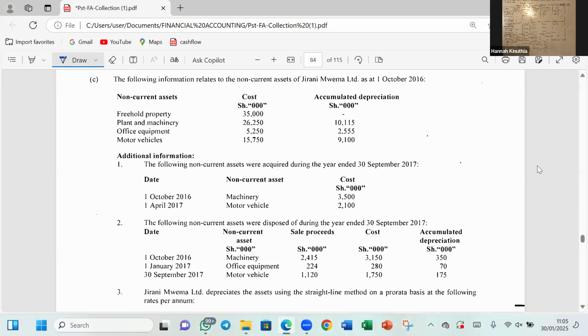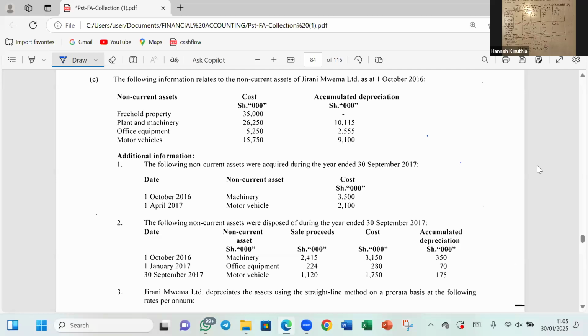Office equipment at cost 5,250, accumulated depreciation 2,555. Motor vehicle at cost 15,750, accumulated depreciation 9,100.